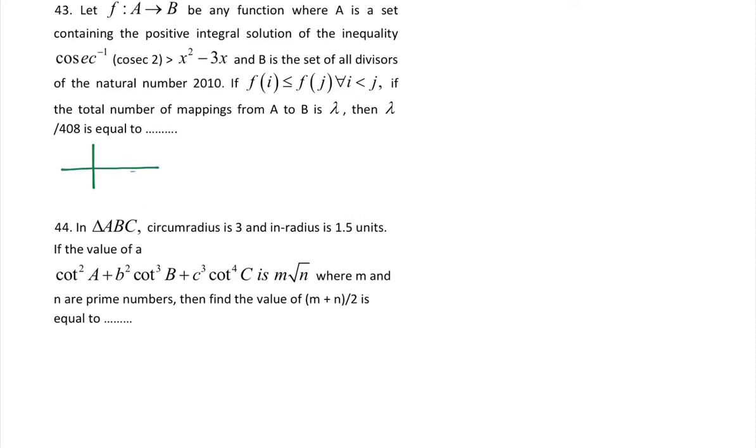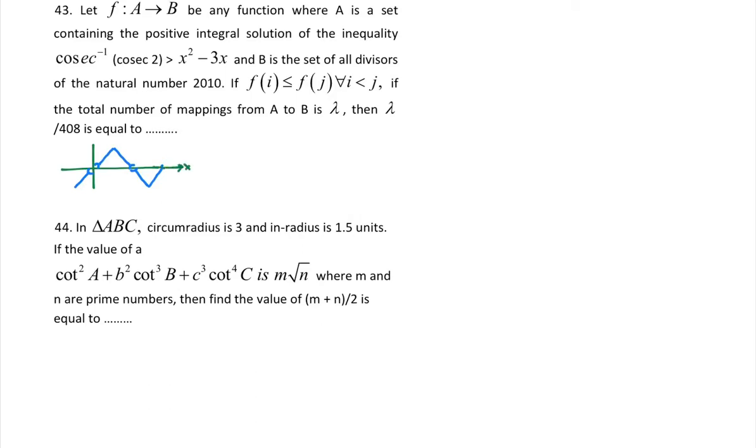This is 0, and at 0 it is undefined. It will go like this, it's pi by 2. Then at pi also it is undefined, go like this, and like this, undefined here.